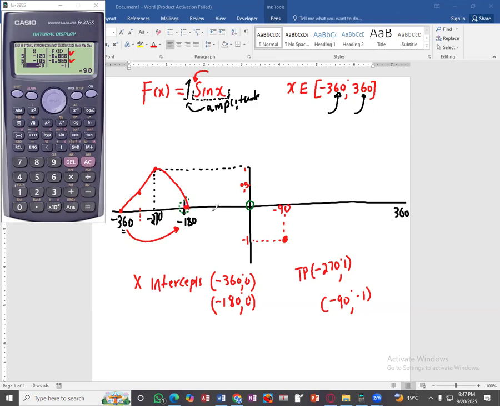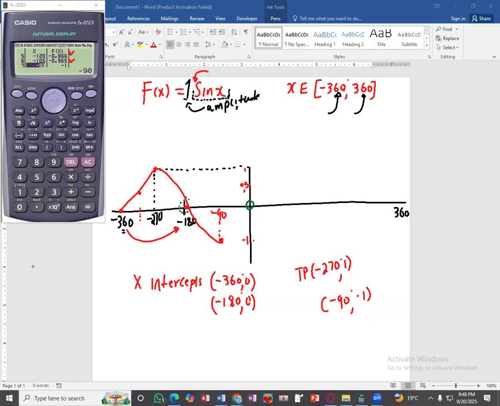Oh, minus 90 actually it's here, sorry. The x cannot be negative this side. I'm rushing. Yes, my x is minus 90 and y is negative 1. It's here. So when the graph comes underneath, it will turn at this negative 1. So that is why it's important to show the turning point.